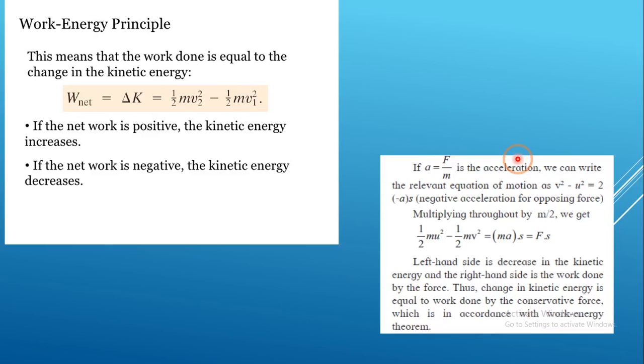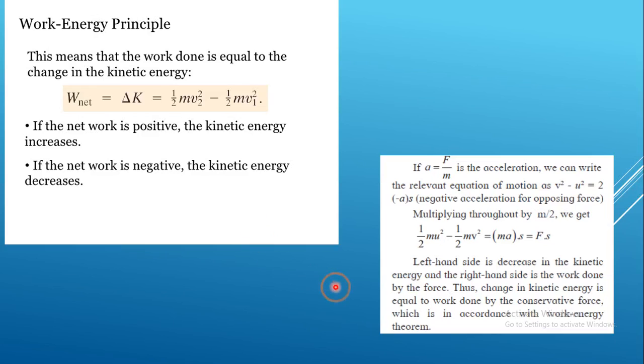Exactly opposite to this, if an object is moving against a conservative force, its kinetic energy decreases by an amount equal to the work done against the force. This principle is known as the work energy theorem. In short, work done is equal to the change in kinetic energy. There are two conditions. If the net work is positive, the kinetic energy increases. If the net work is negative, the kinetic energy decreases.